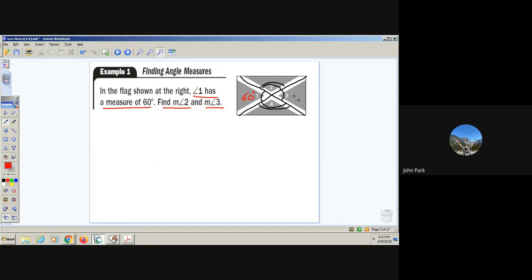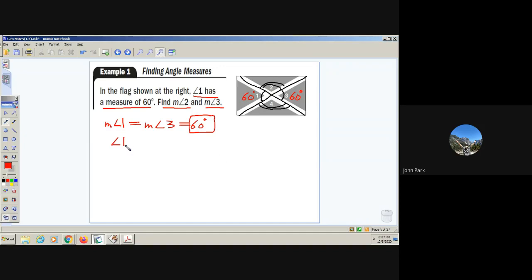The measure of angle 3 is easy because that's also 60 degrees, because they're vertical angles. So the measure of angle 1 is equal to the measure of angle 3, and they're both equal to 60 degrees, because they're vertical angles. So when two lines intersect, opposite corners are always vertical angles, and they're congruent.